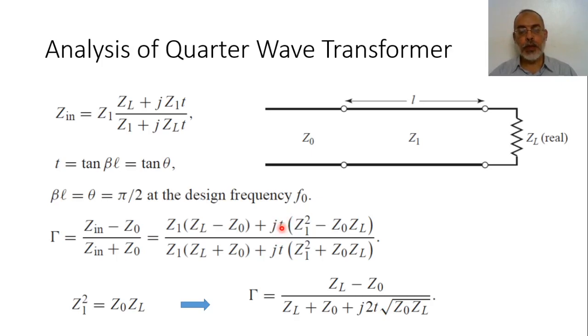Okay. As we said, we have designed Z1 such that Z1 equals the square root of Z0 Z load, or Z1 squared equals Z0 ZL. So Z1 squared minus Z0 ZL, this term would be 0. Alright?